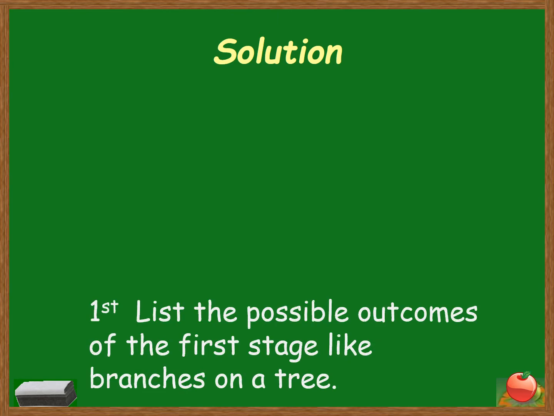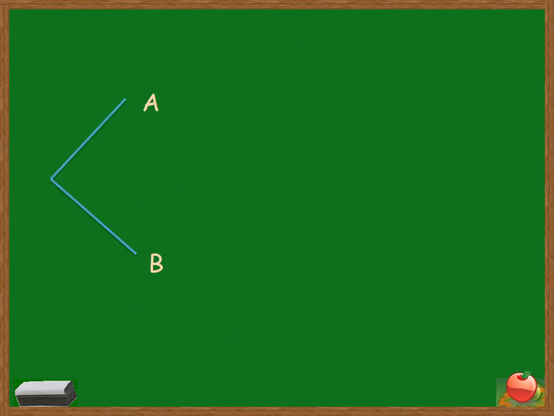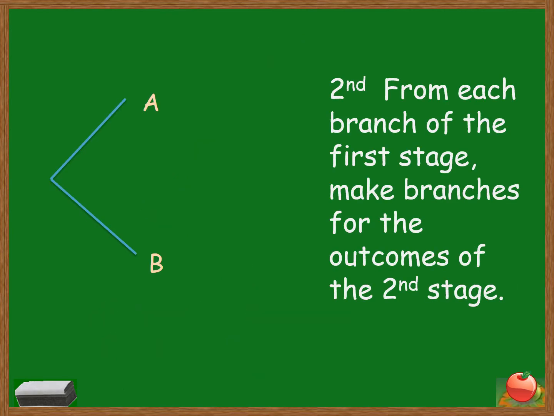So first, we're going to list the possible outcomes for the first stage, like branches on a tree. So I could either spin the A or I could spin the B. Now that I have that, from each of these branches, I'm going to make branches for the outcomes of the second stage.